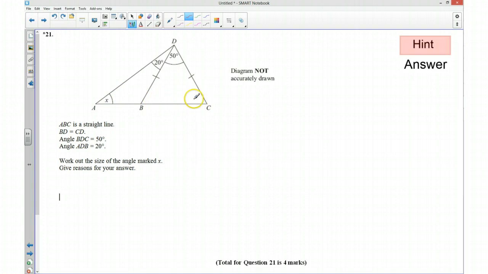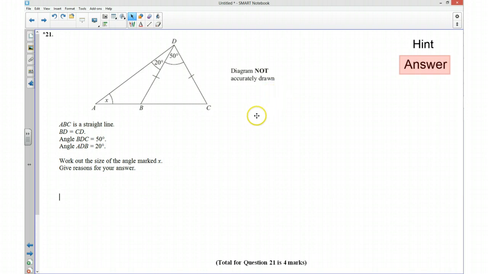Okay, so you might want to start with these angles here. Before you pause the video, I want you to notice that there's an asterisk here, which means that you need to communicate your work clearly, because the quality of your written work will be assessed. Okay, if you like, pause the video and have a go.